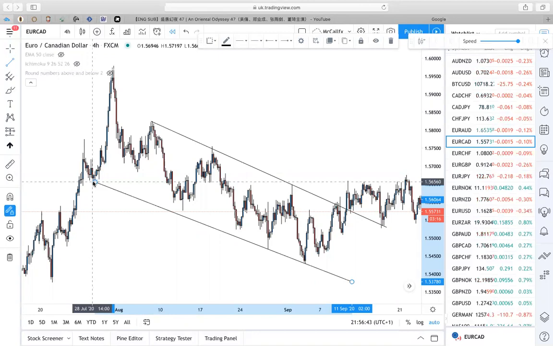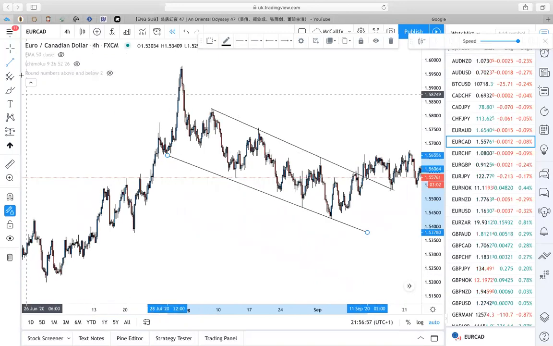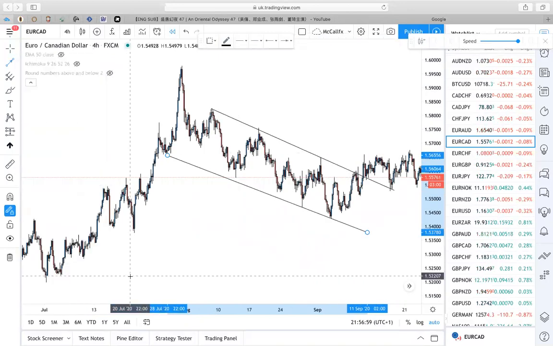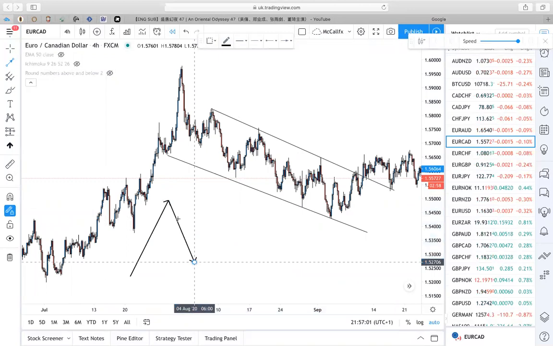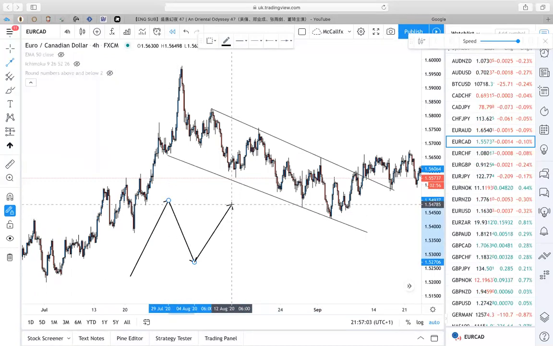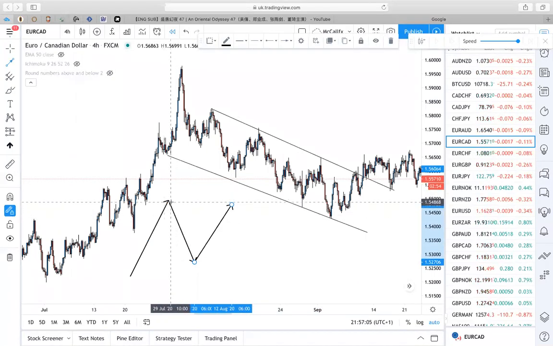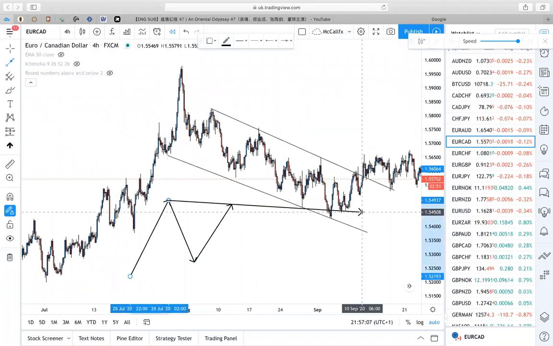All those names you hear people saying, head and shoulders, equal lows, equal highs, everything is basically support and resistance. Equal highs looks like this: price goes up, goes down, and gets back to this level. This is equal highs, but this can also be my resistance.